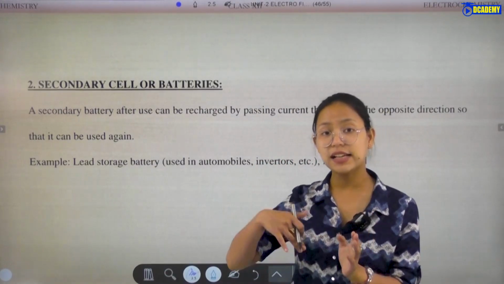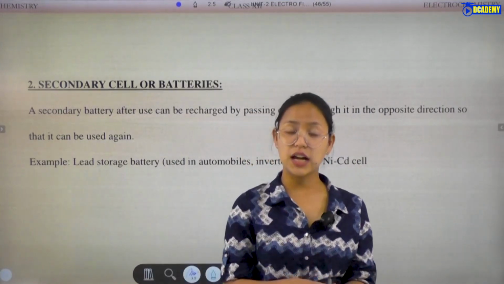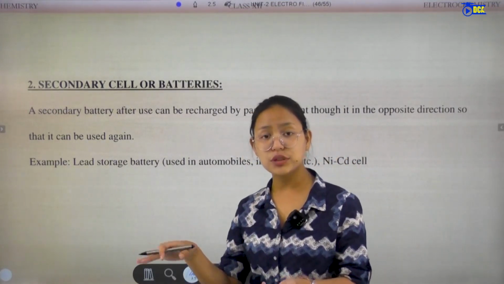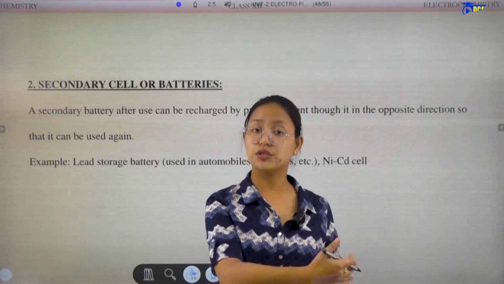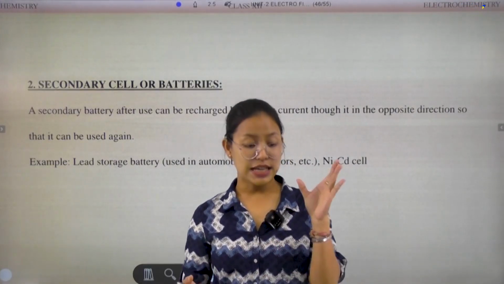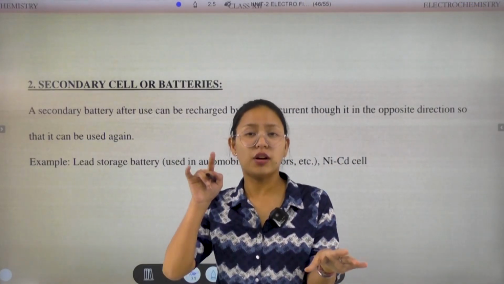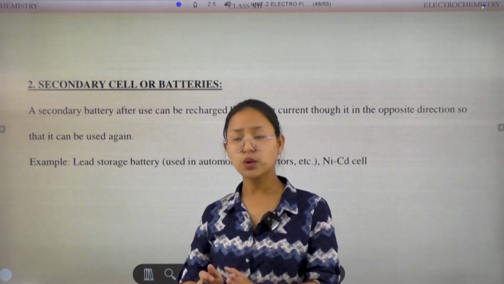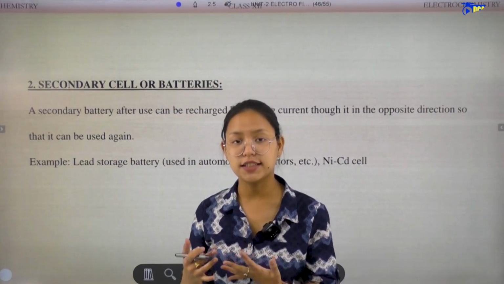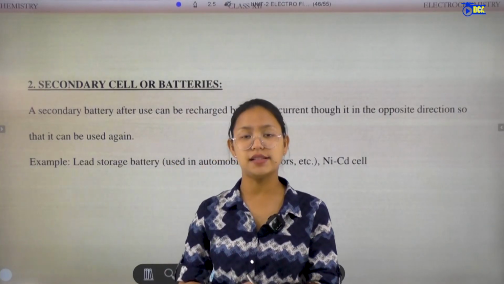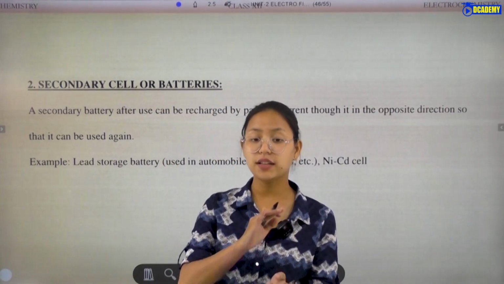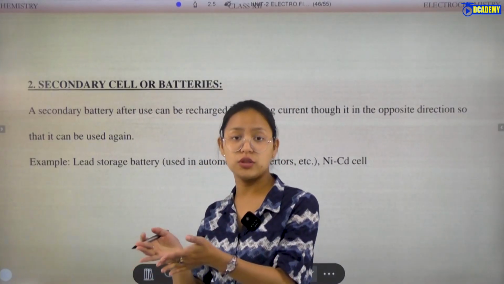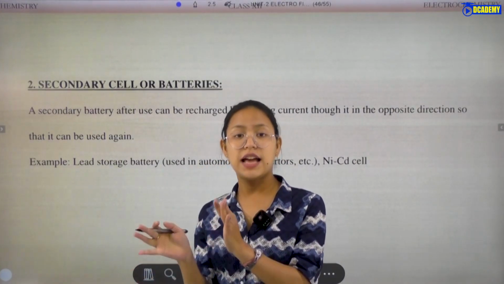That means you can charge them. In a phone, when the battery is down to 1% or 20%, you charge your phone or cell phone.